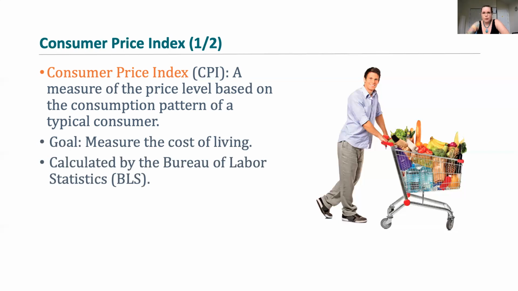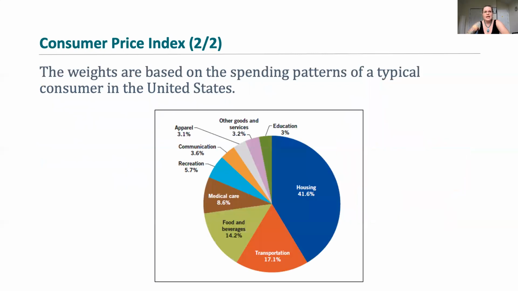This Consumer Price Index is calculated by the BLS, the Bureau of Labor Statistics, and it comes out every month. The weights are going to be based on spending patterns for the average person. What you can see here is that housing, and this includes both rent and mortgages, is the biggest portion of the average consumer's expenditure.